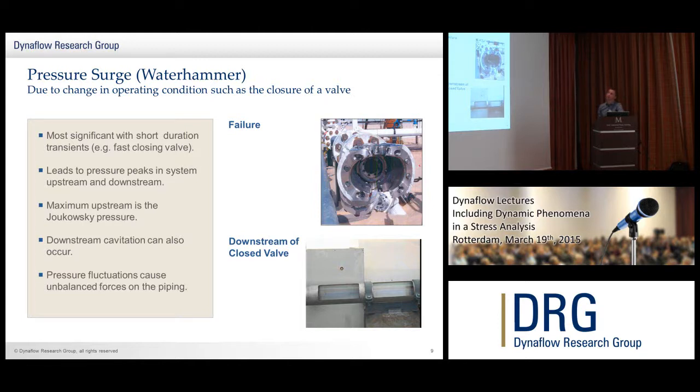This leads to a pressure peak upstream, and can also lead to cavitation, implosion of cavities downstream. These pressure fluctuations will once again lead to unbalanced forces in the piping, and also high levels of dynamic stresses.